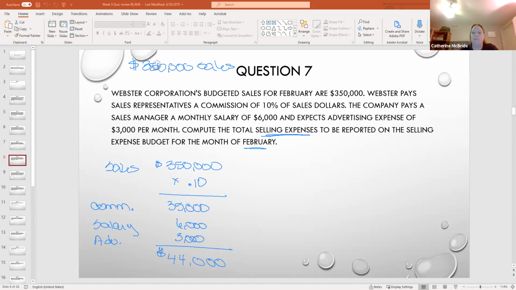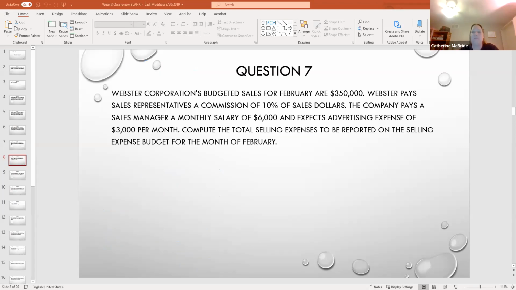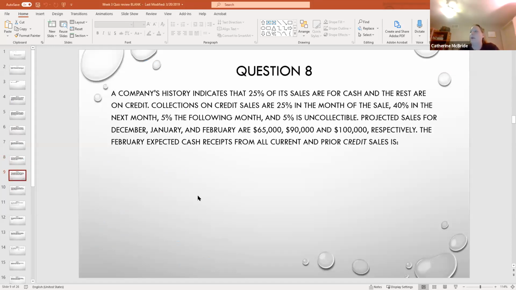All right, the next one's a little bit more complicated, because we're looking at cash receipts. So let's get really clear on how we collect our cash receipts.